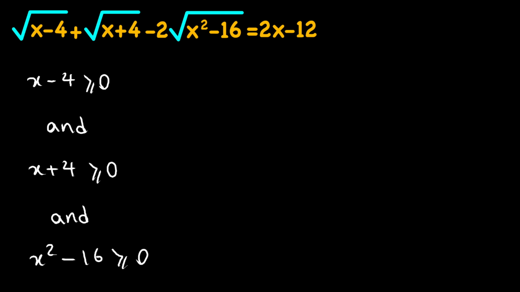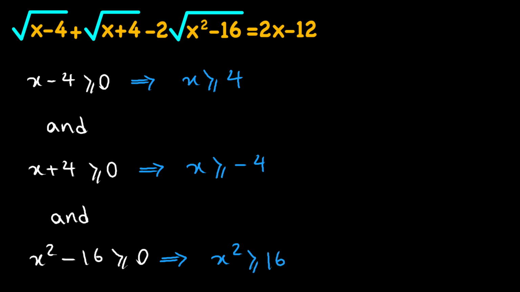So from the first one, I'm going to get x is greater than or equal to 4. From the second one, x is greater than or equal to negative 4. From the third one, x squared is greater than or equal to 16, which means that either x is greater than or equal to 4, or x is less than or equal to negative 4.